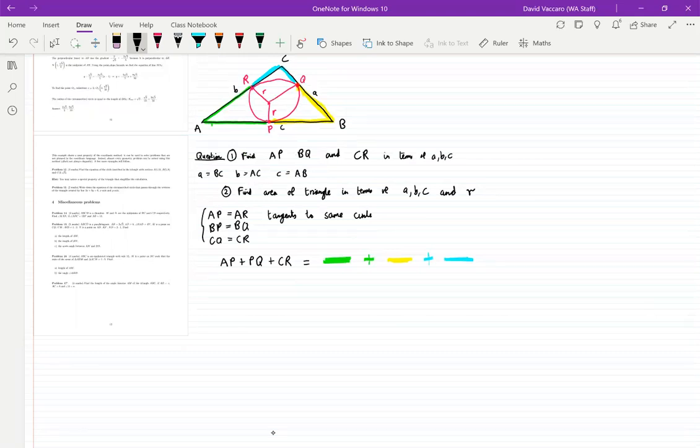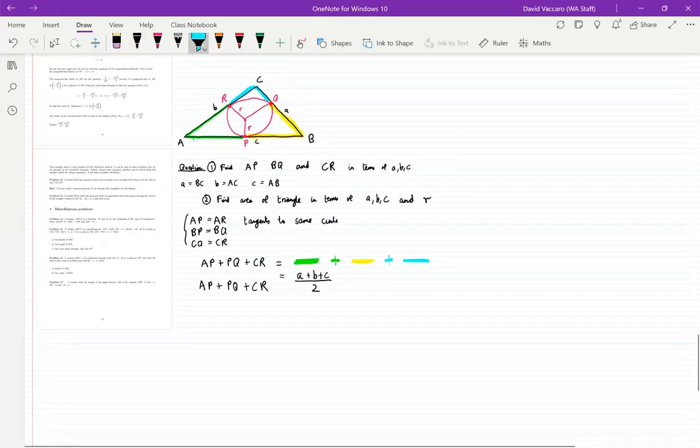So AP plus BQ plus CR is the perimeter of the triangle, which is A plus B plus C, all over 2. And I'm just going to color code this for a moment.